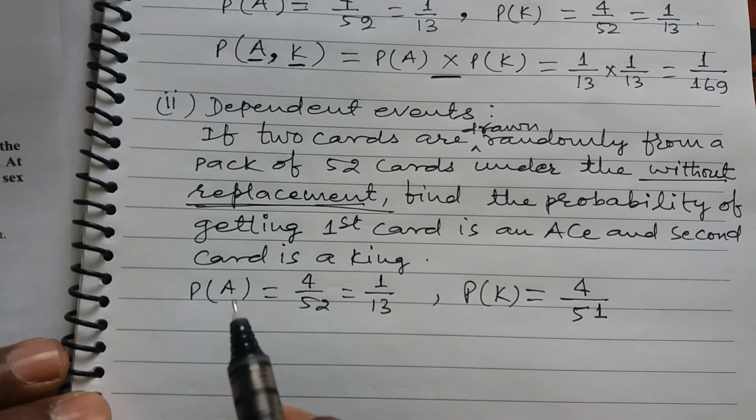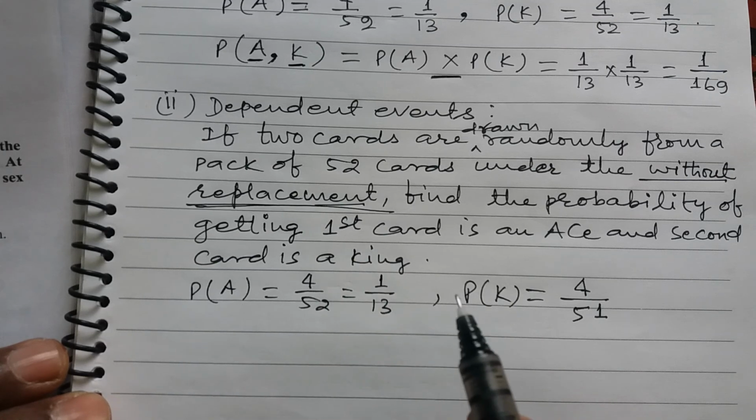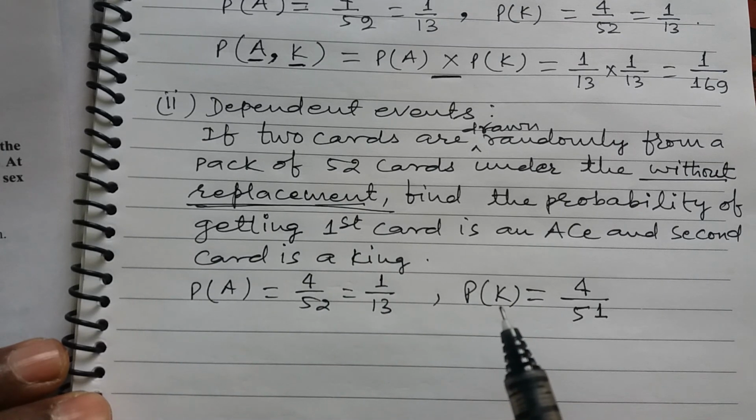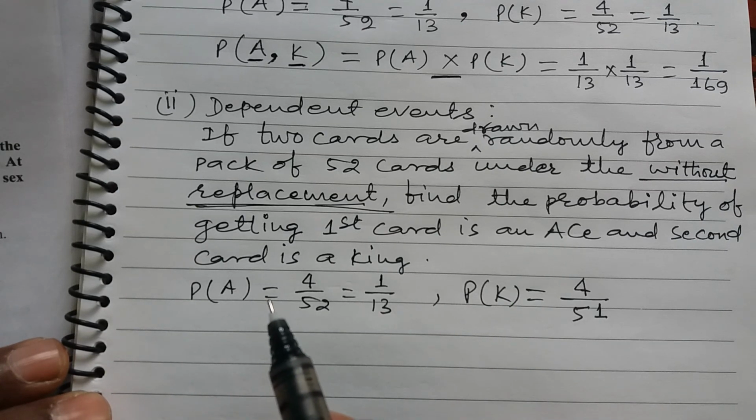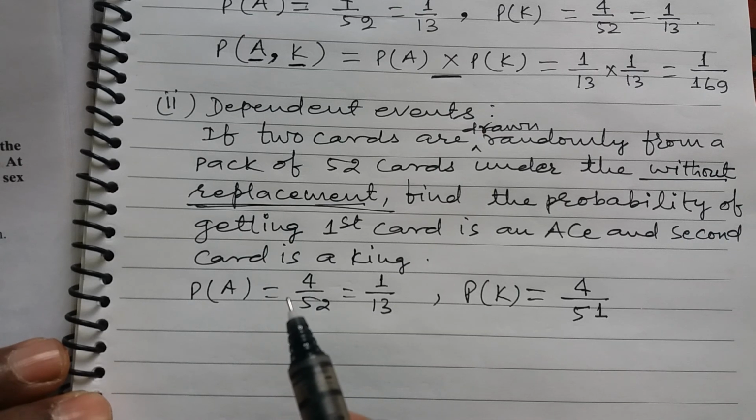Then getting an ace card and getting a king card are two different events, and they are dependent events. Means the probability of the second one is depending on getting the first card and keeping out, or again keeping in the pack or not.